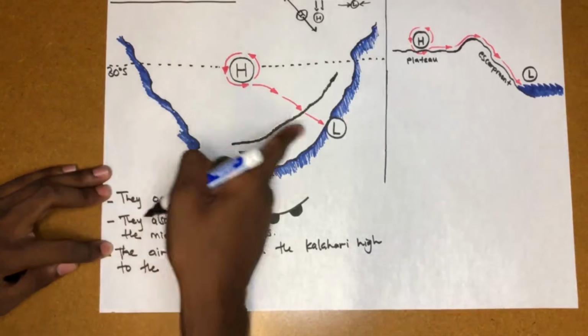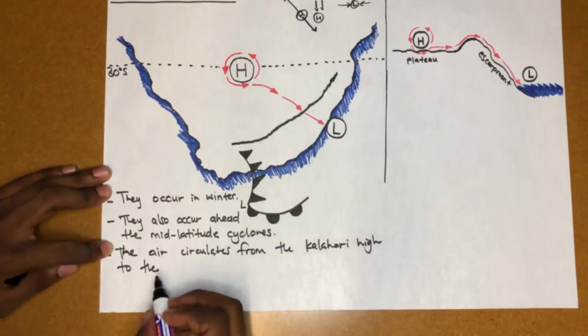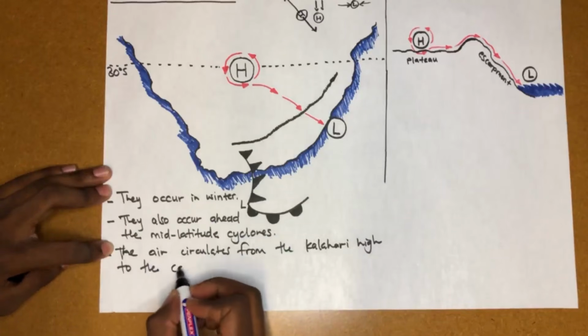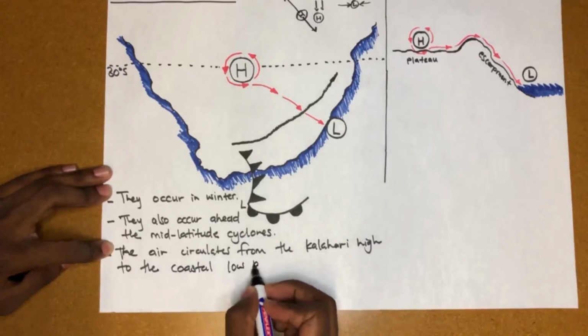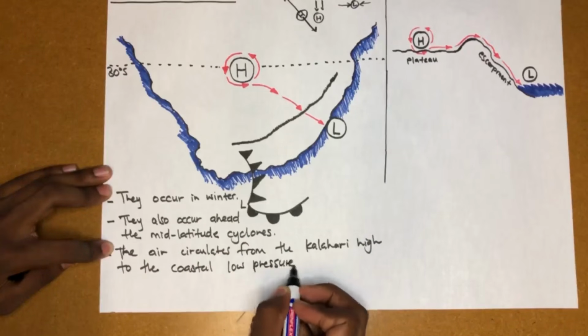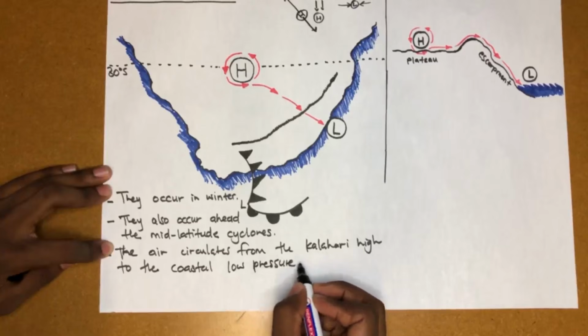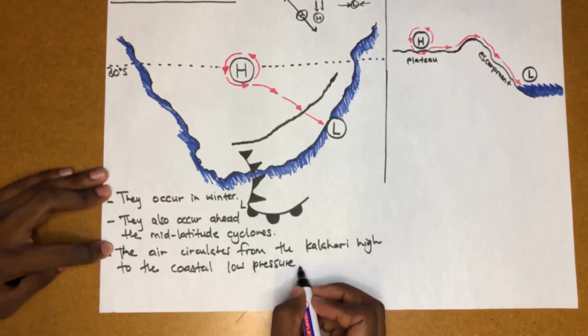You can see from the Kalahari towards the coastal low pressure, to the coastal low pressure.